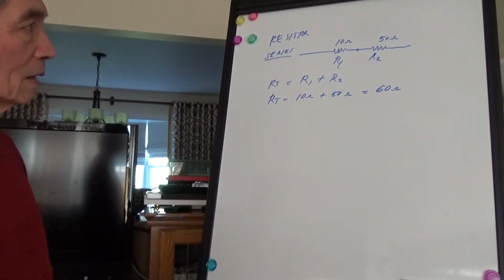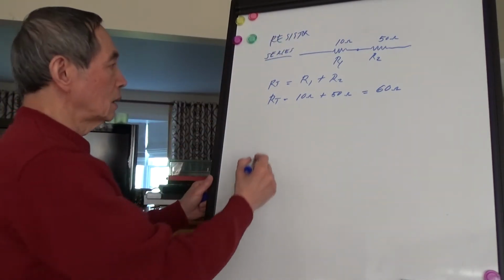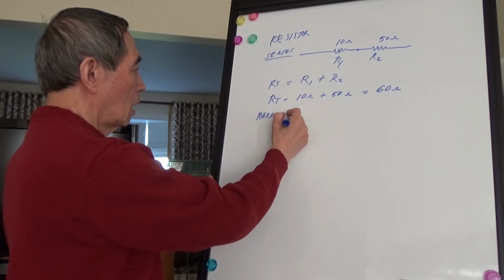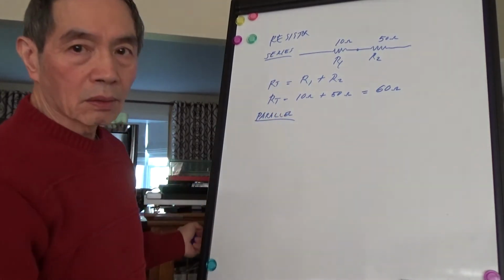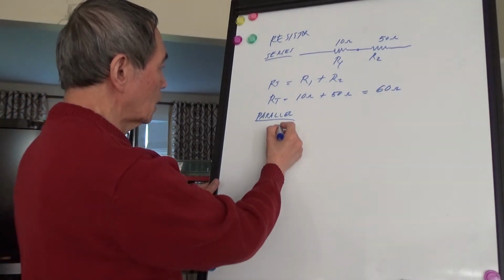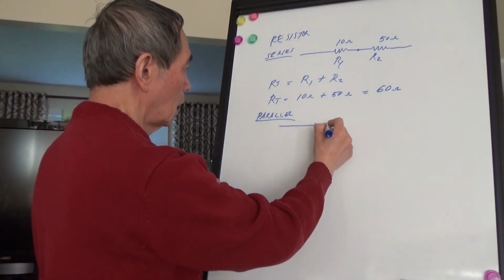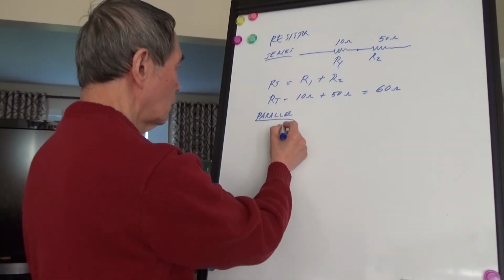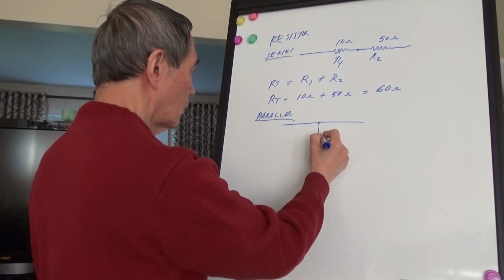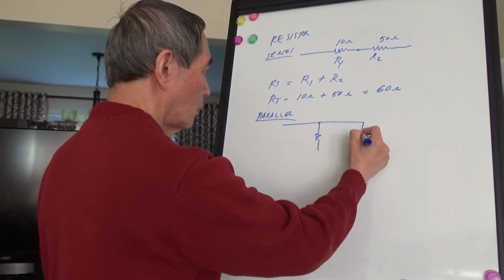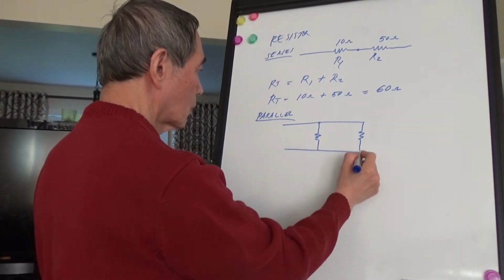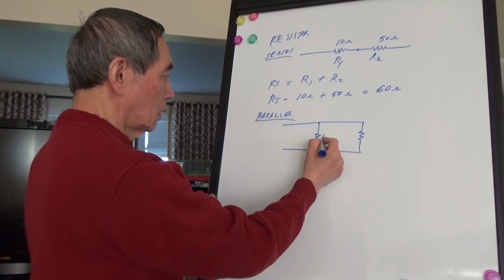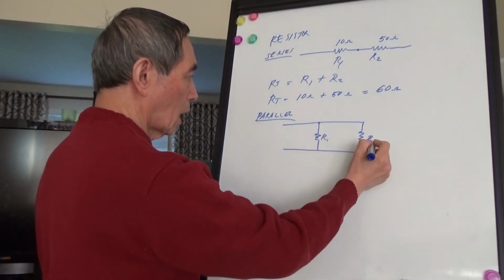Okay. Now let's say you connect that in a parallel mode. Parallel connection would look like this. Say we have R1 again and R2.